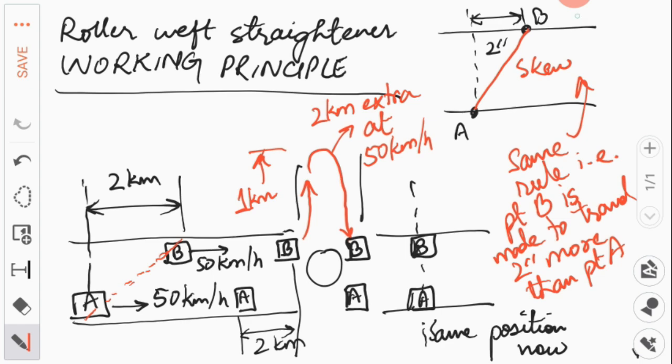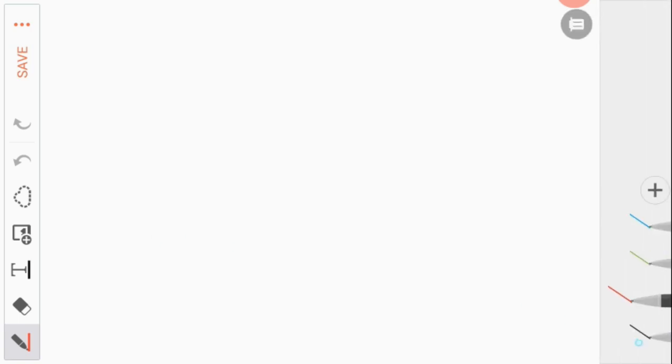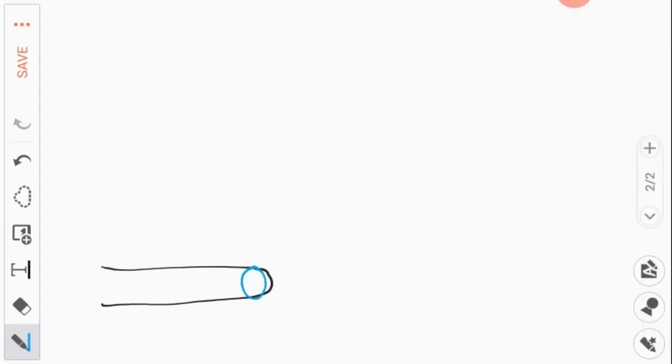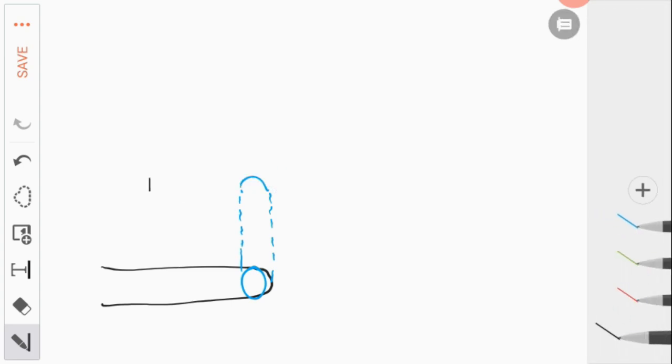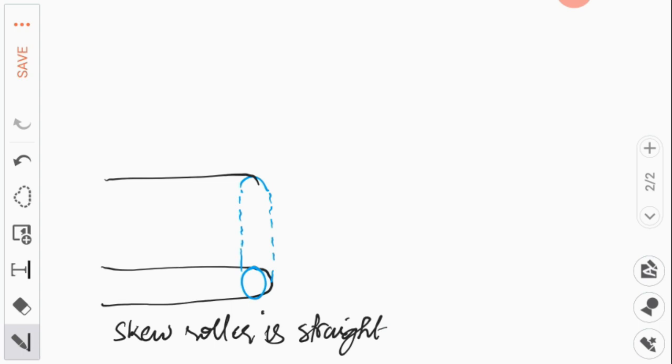So this extra distance that we want a leading point to cover in comparison to the lagging points is achieved with the help of the skew and bow rollers, as it was discussed in detail in the previous lecture. Just because it's easier for me to draw a skew roller, let's consider that example. When in normal operation, the fabric is passing over a skew roller, which is straight. If there is no skew distortion in the weft, the blue dotted roller that you see here is a skew roller.